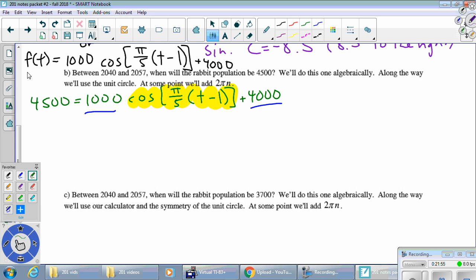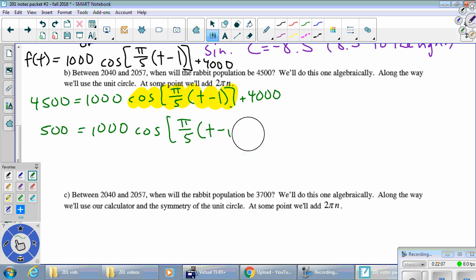You got to move the 4,000 first. So we subtract 4,000 from both sides. And then we'll divide both sides by 1,000, and that makes just a half on this side. That's nice.